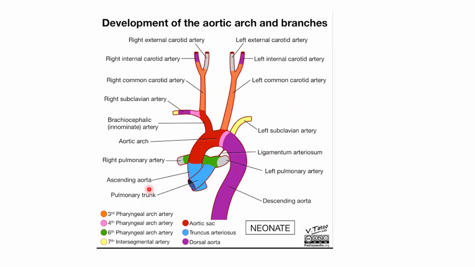So this is another of the same, but this one with more labels. The aorta is initially formed from the septation of the truncus arteriosus into the ascending aorta and the main pulmonary artery. But beyond that, the first part, or the proximal part of the arch, is formed from an aortic sac.